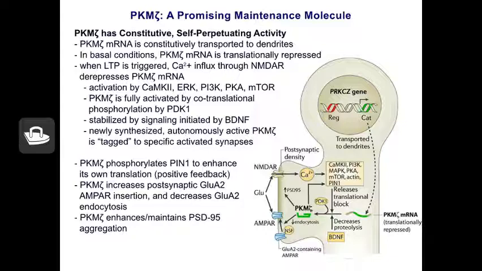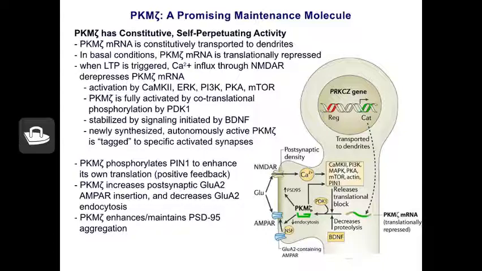And then the newly translated protein kinase M-zeta is actually active, but co-translational phosphorylation by PDK1 enhances its activity, meaning that as it's being translated, it's phosphorylated by the PDK1, and this enhances the catalytic activity of the protein kinase M-zeta enzyme.